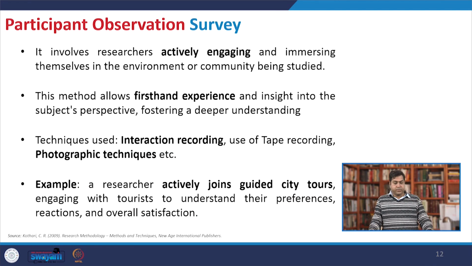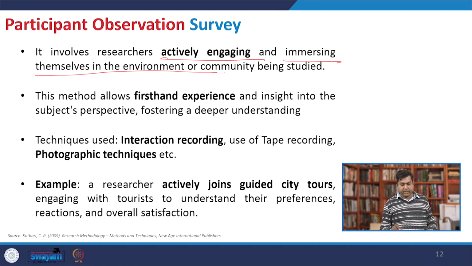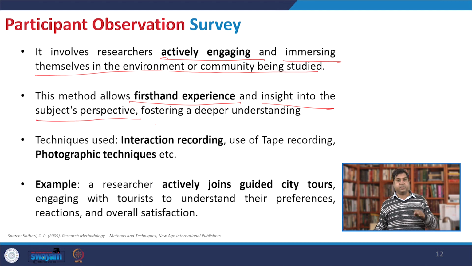Now, in contrast to that, if you go for participant observation survey, in this case it involves the researcher actively engaging and immersing themselves in the environment of the community being studied. This method allows first hand experience and insight into the subject's perspective. In this case, subjects refer to the respondent, fostering a deeper understanding.